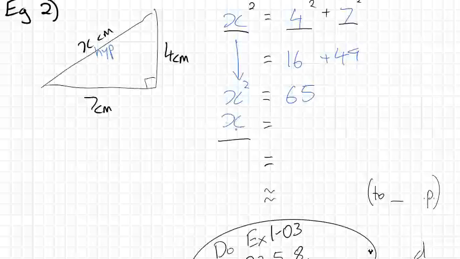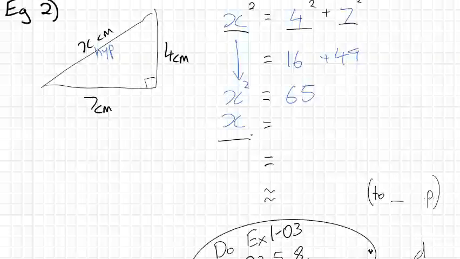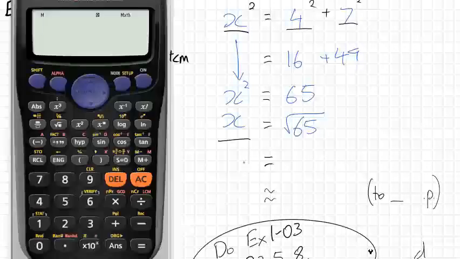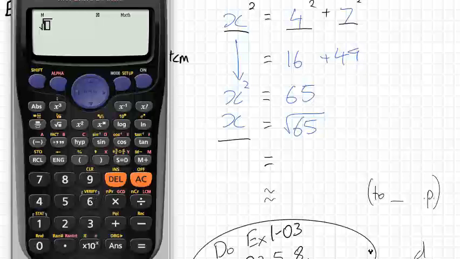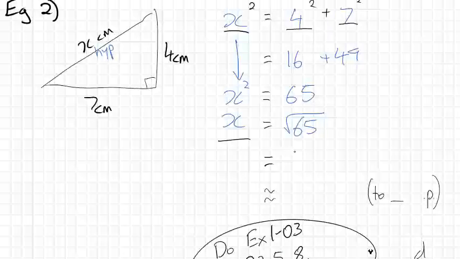So if I want normal x, I need the square root of 65, which we can use our calculator for. We'll put in the square root of 65 is equal to, and it says something pretty horrible, 8.06225.